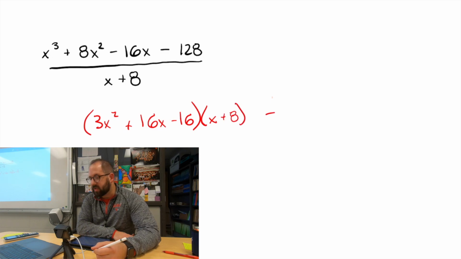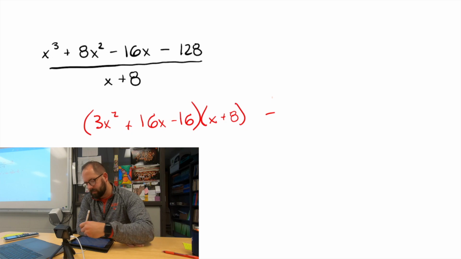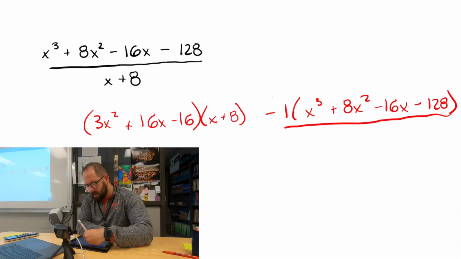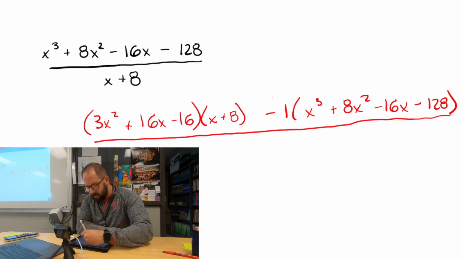Then you subtract the derivative of the bottom, which is 1, times the top. So that's derivative of the bottom times the top, all over the bottom squared.